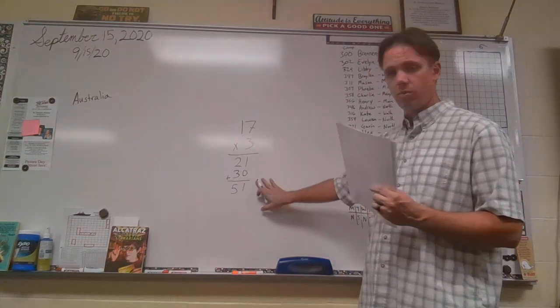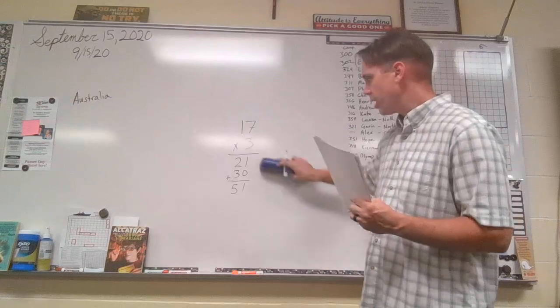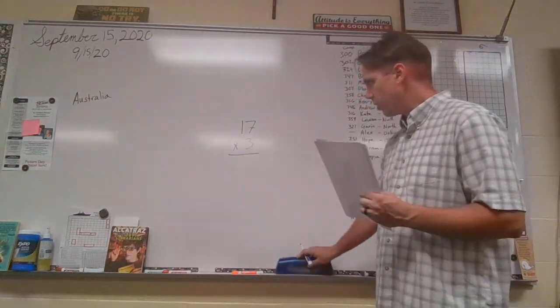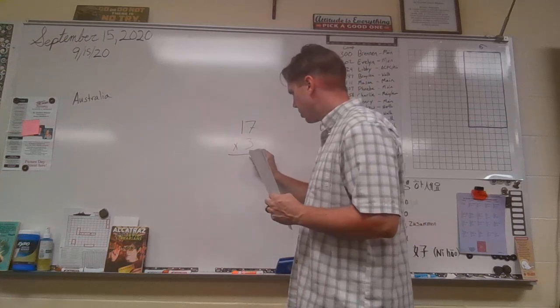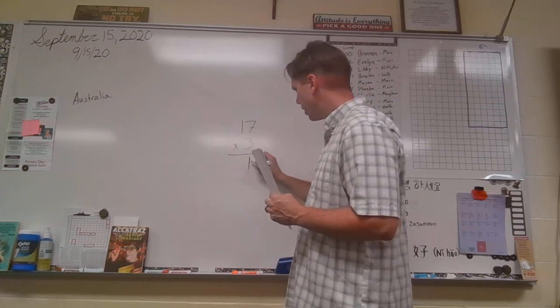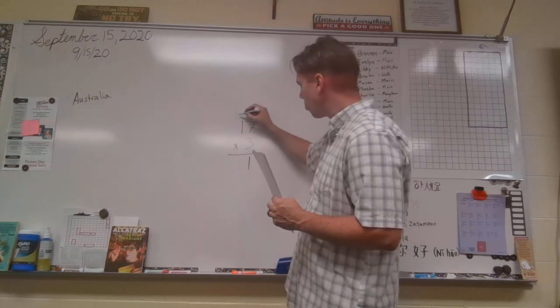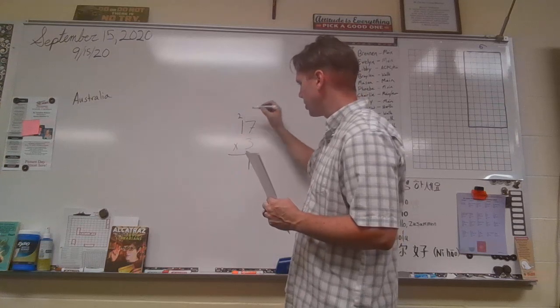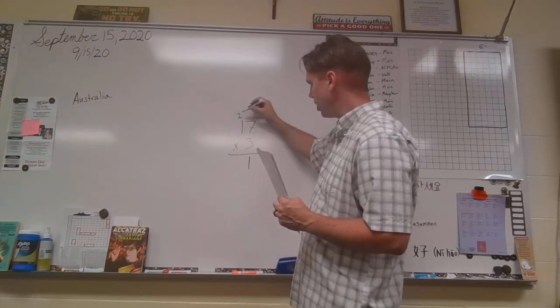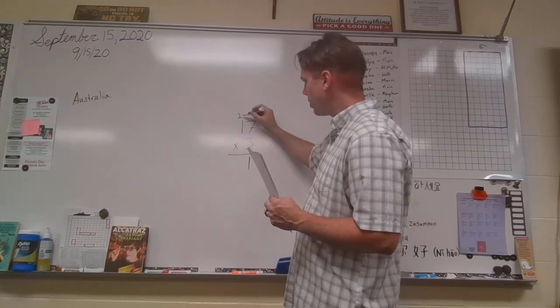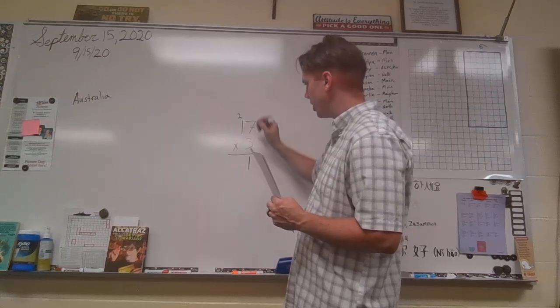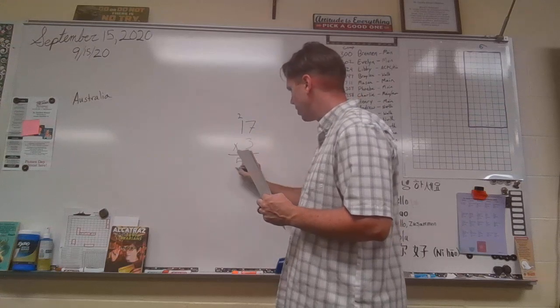So this is one way to do it. However, when they're talking about regrouping, what they want you to do is go 7 times 3 is 21. You put down the 1 right here, and then we're going to regroup or carry, depending on how you want to say it, the 2 up here. Then we go 3 times 1 is 3, and we add this extra little bit, so it's 5.